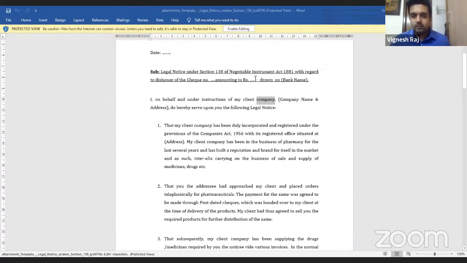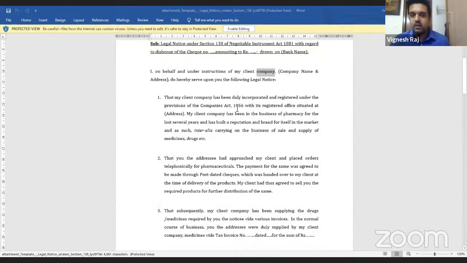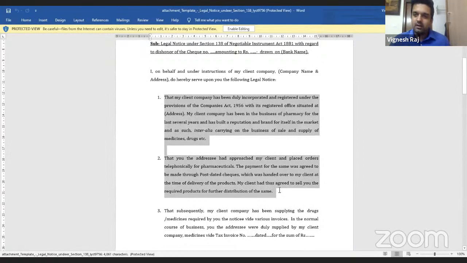Okay. So I'm just going to quickly go through the notice. I'm not going to be reading part by part of it, but what I will do is bifurcate the notice into the various aspects which are prerequisites in such a notice. So it's common for advocates to state the particulars, the brief particulars, or a brief description of the parties.